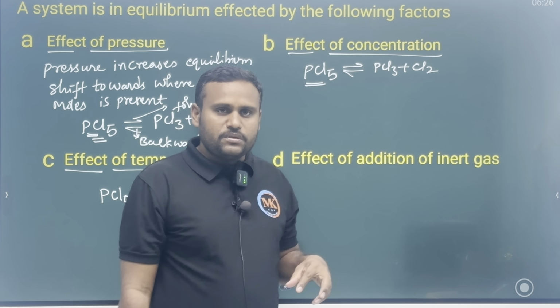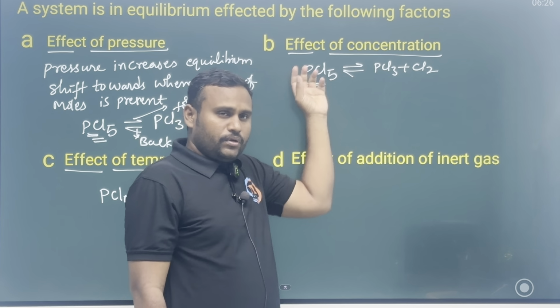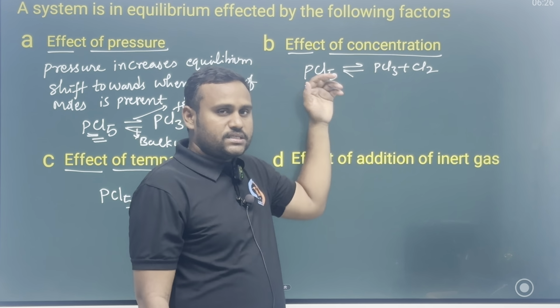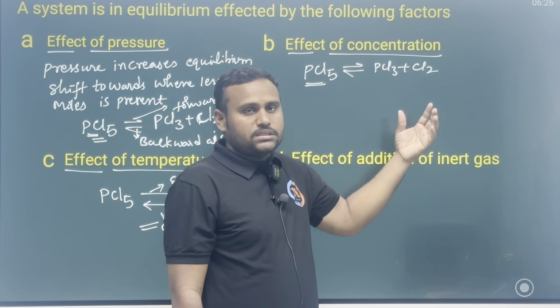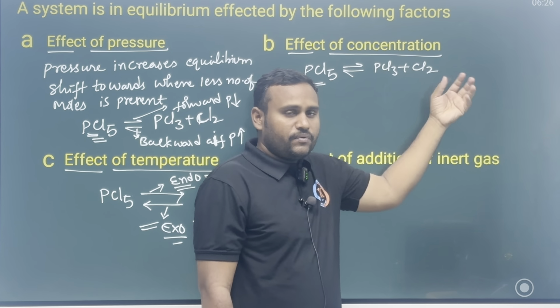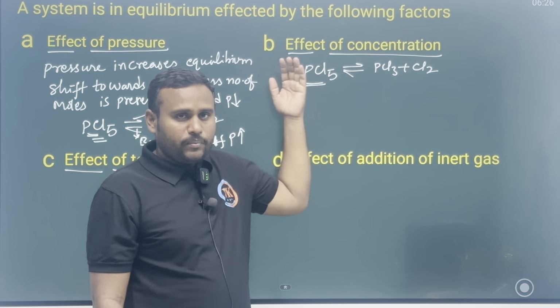After establishing equilibrium, we add some new amount of reactant, PCl5. The extra added reactant is converted into product. Or else, after equilibrium, if we add some amount of PCl3 or Cl2, the backward reaction takes place.